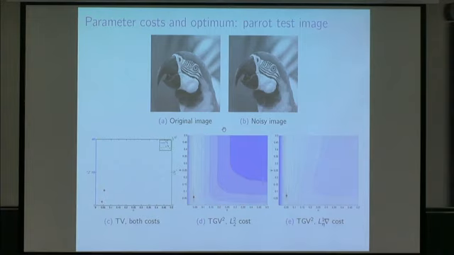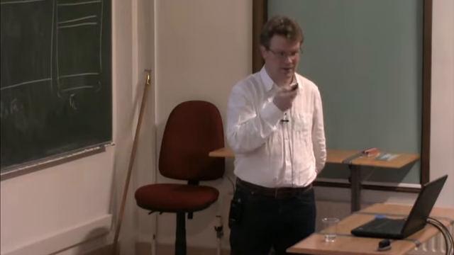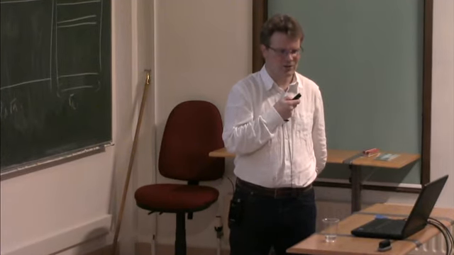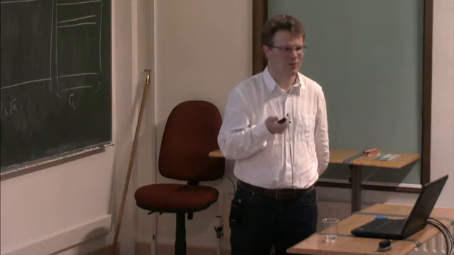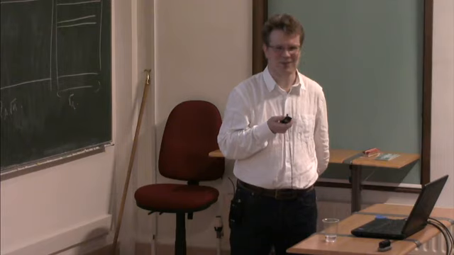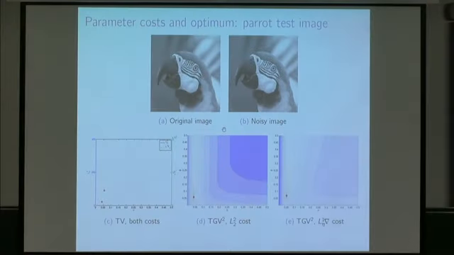If you fix the parameter, you just look at the level set. Oh, you mean the solution set? The level sets for the inner problem, not the outer problem. Because for the outer problem, for TV we only have one parameter, for TGV we have two parameters.